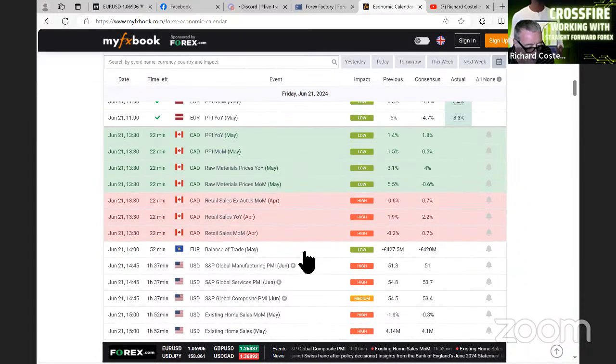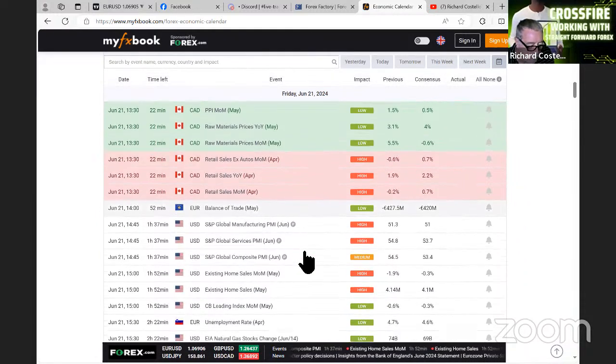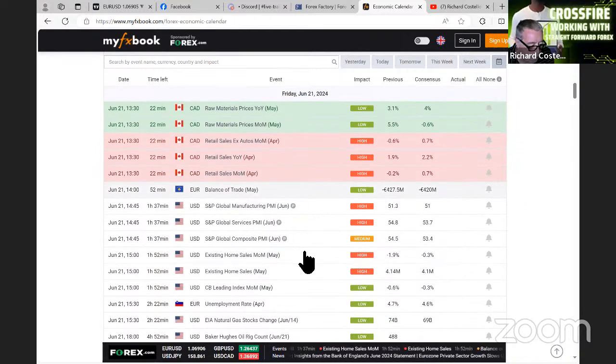So maybe the Canadian dollar will be the one that moves and might also be followed by the US dollar. But again, they've got 2:45 high impact US dollar, 2:45, 3 o'clock, 3 o'clock, and so on. So it remains to be seen when they decide to make their big moves.